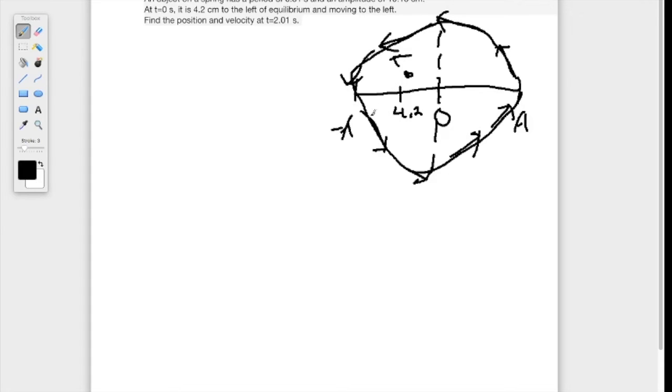Well, right here, you see these arrows pointing to the right, but you see right here, the arrows are pointing to the left. Thus, our phase constant has to be in quadrant 2 because it's moving to the left, and that's where the arrows are pointing, and it's also to the left of equilibrium.